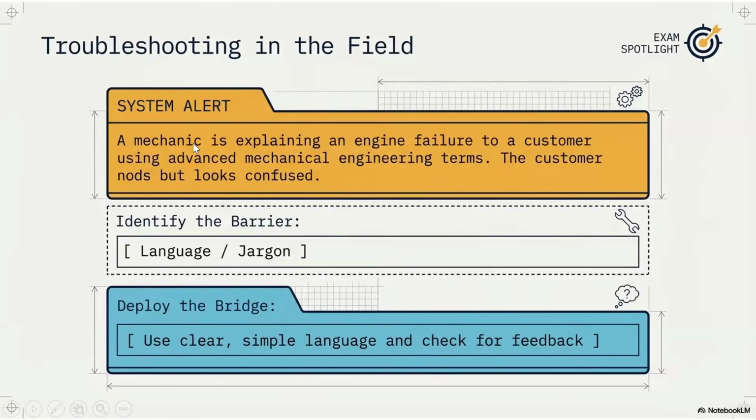So you might get an example like this, right? A mechanic is explaining the engine failure to a customer using advanced mechanical engineering terms. The customer nods but looks confused. The barrier here will be jargon, right? And to fix this, all you have to do is use simpler language.